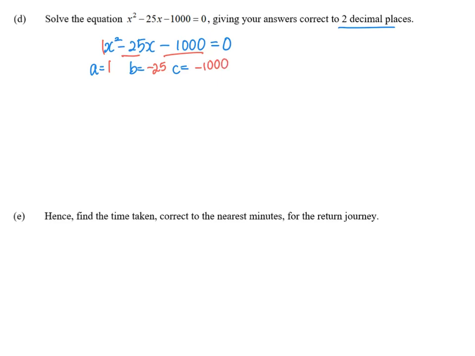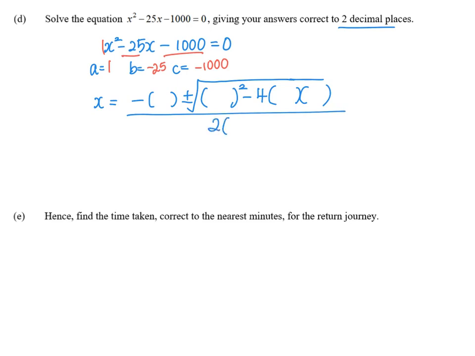Using our formula, x equals negative b plus minus square root b squared minus 4ac over 2a. Let's plug in the values accordingly. B will be negative 25.